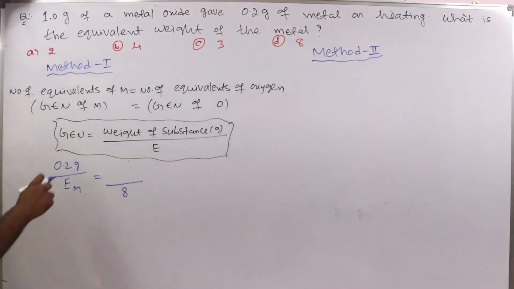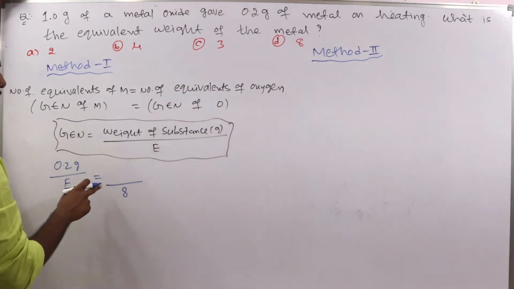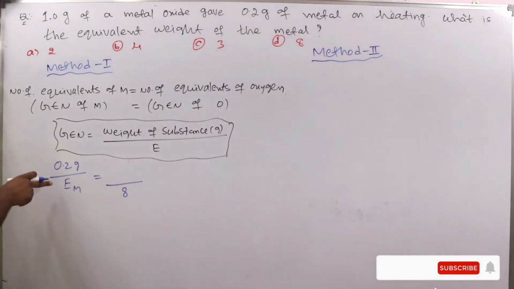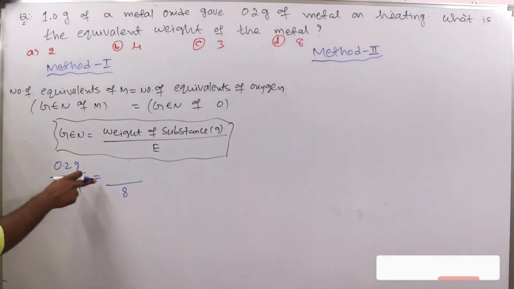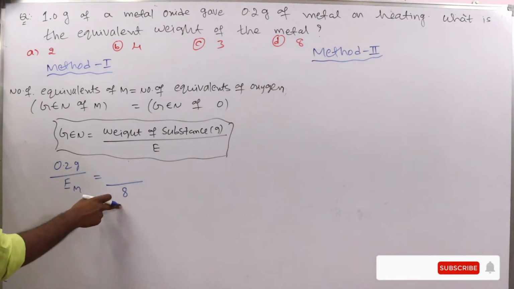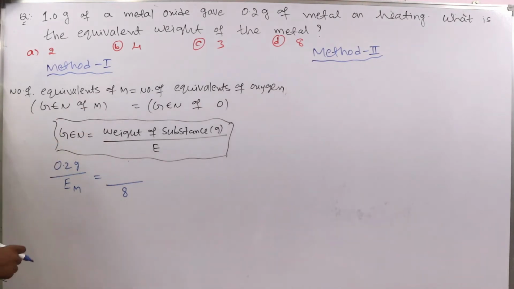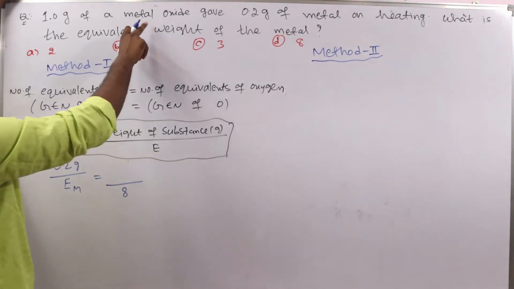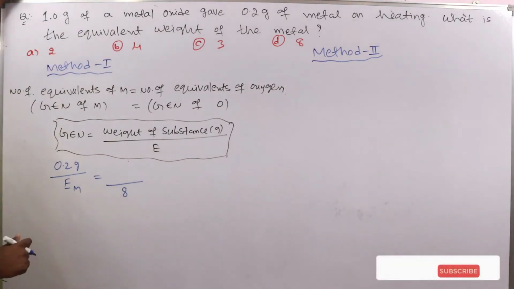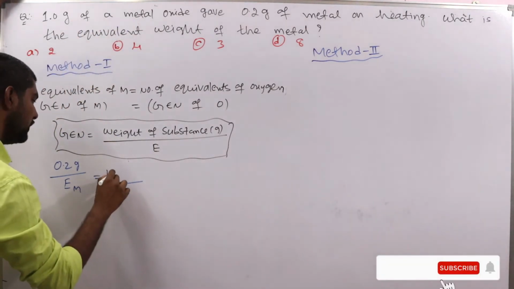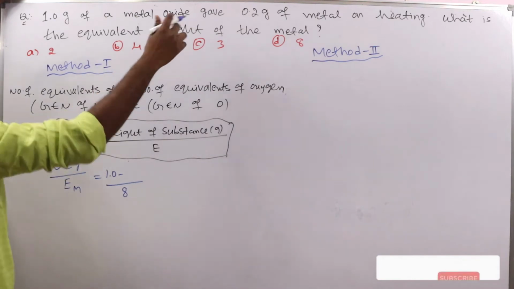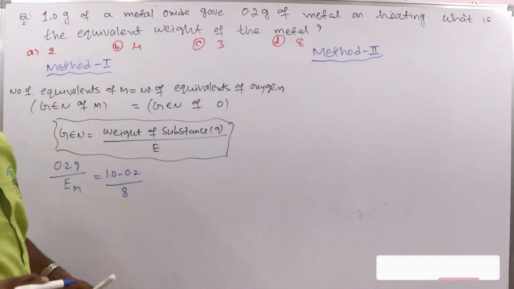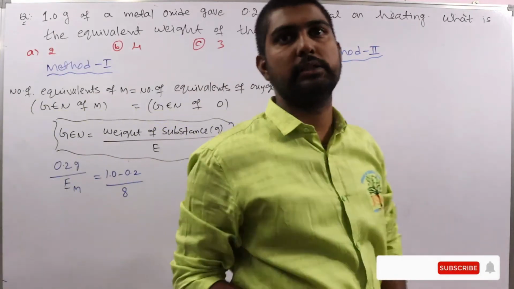Now what about the weight of the oxygen here? Weight of the metal by equivalent weight of the metal equals weight of oxygen by equivalent weight of oxygen, from this relation. They have given the weight of the metal oxide as 1 gram, and the weight of the metal is given as 0.2. The metal oxide contains metal and oxygen, right?